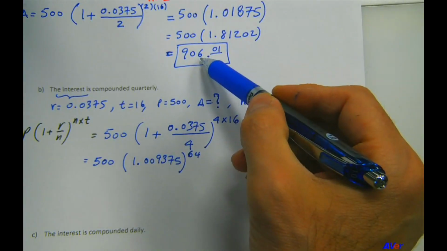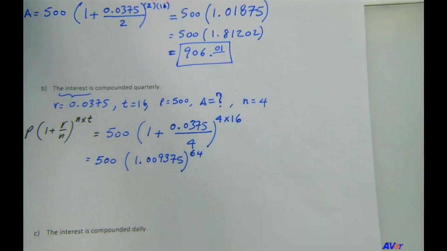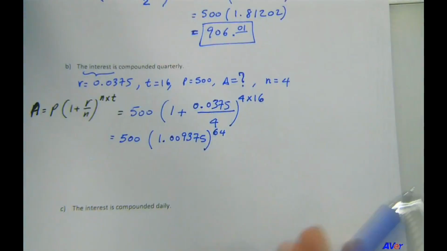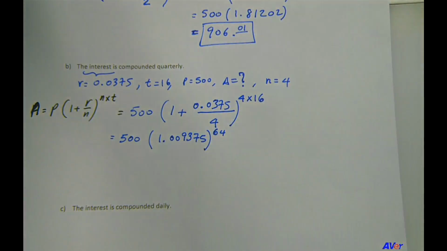Do you think this will be higher than that or less than that? What do you think? Well, if you said it's going to be higher, you're absolutely right. Because when compounding of interest happens faster, or I think more frequently is the better word for it, more frequently per year.